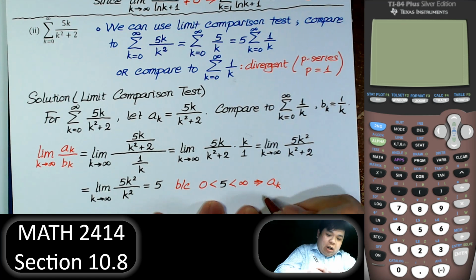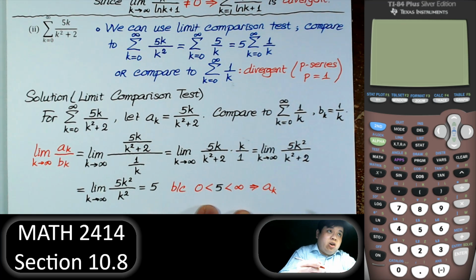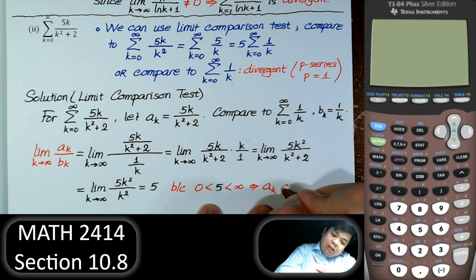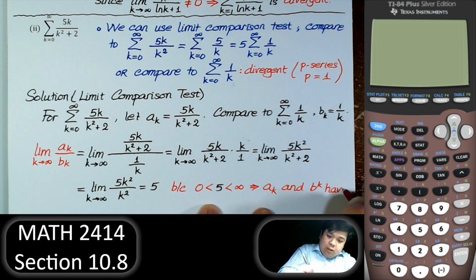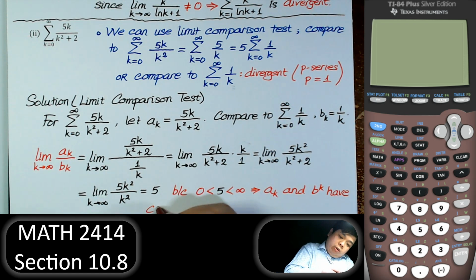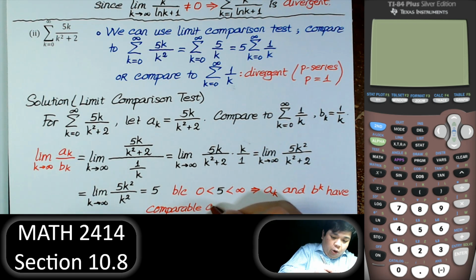And when we say that, I could use the sequence, I could use a function, but we just say a of k and b of k have comparable growth rate.